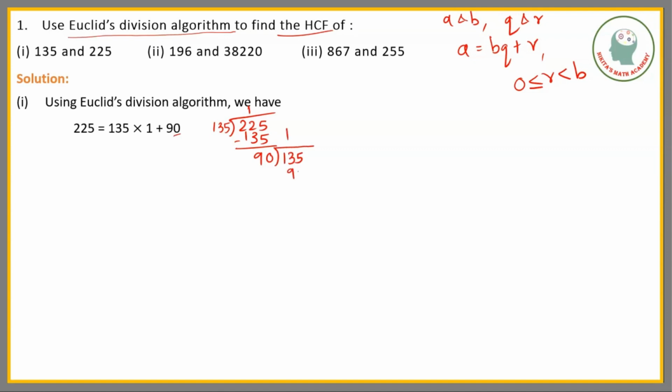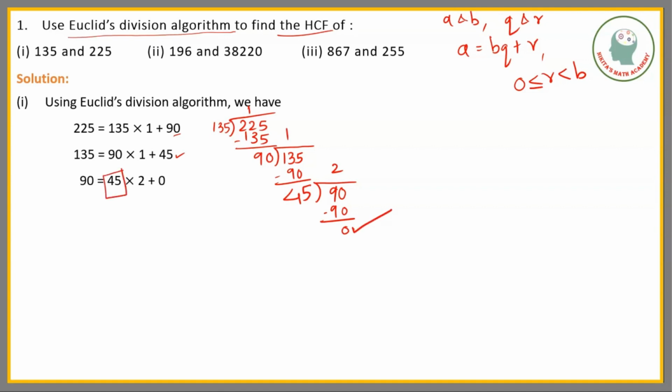So this will be 90 ones are 90. The remainder will be 45. So we will write this step as 135 equals 90 into 1 plus 45. Now again, the remainder is not 0. So let's divide 90 by 45. You will find the remainder we are getting is 0. So in this step, we got our HCF, 45, because the remainder is 0.